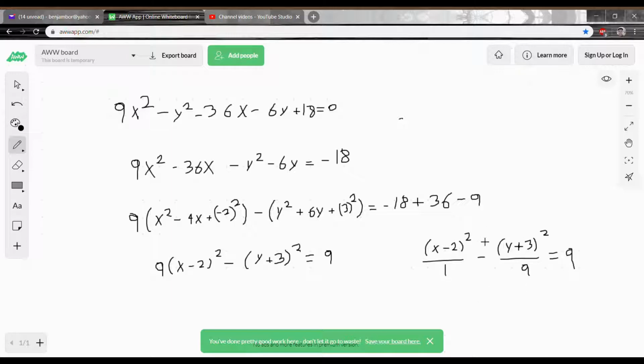And we can leave it in this form. You can write this as 3 squared, it doesn't matter. That is taking this standard form and converting it into a general form.